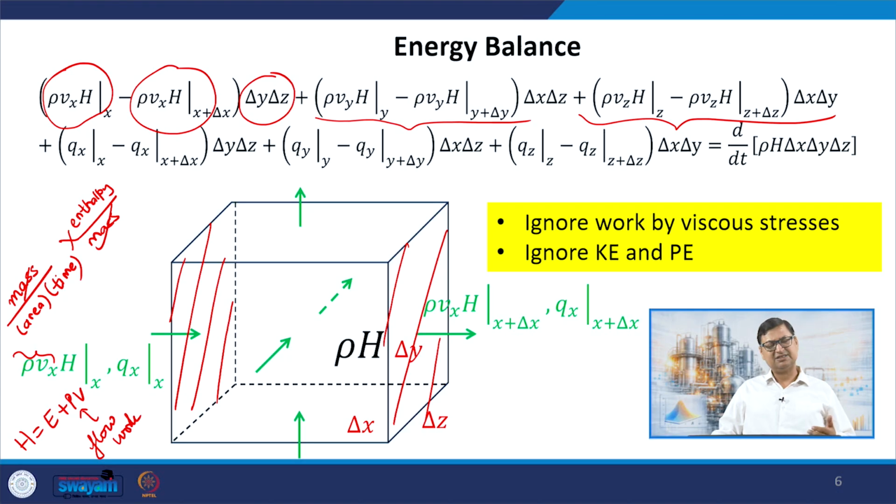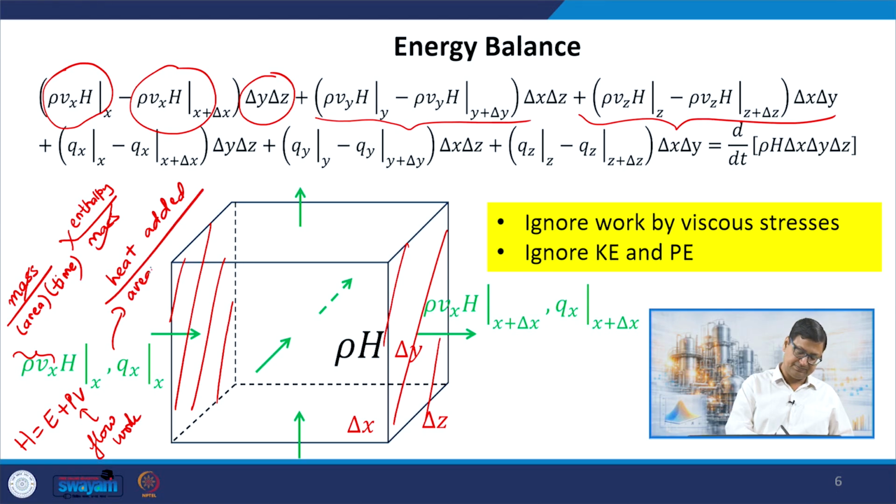In addition to this, I am also adding heat, and the heat that I am adding, I also want to express in terms of heat flux, right? So, this is basically heat added per unit area per unit time, and this again has to be multiplied with the same area, which is delta y delta z for this particular face.